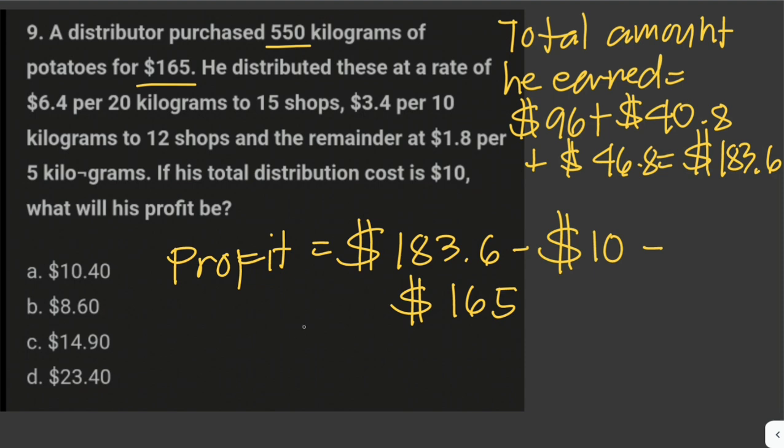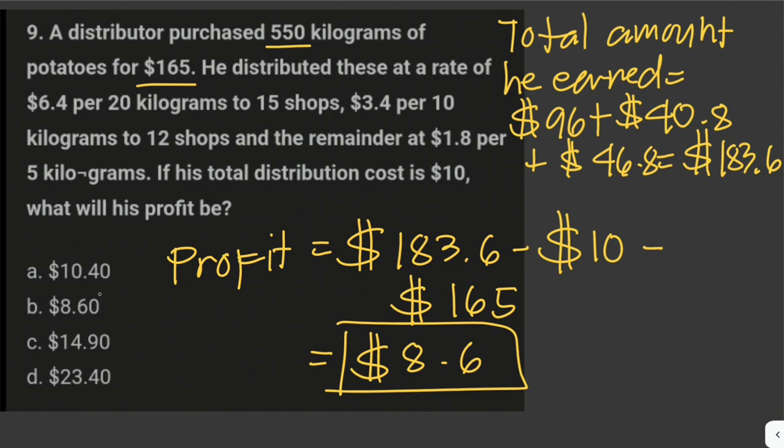Therefore, the distributor got a profit of $8.6. So the answer here is letter B.